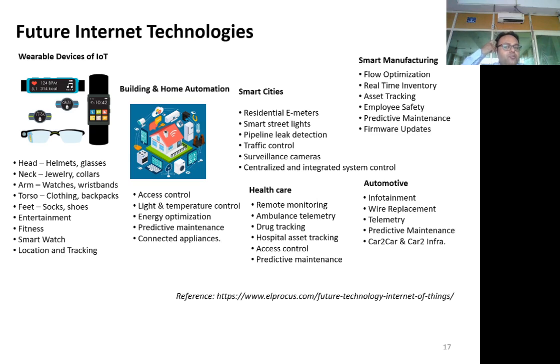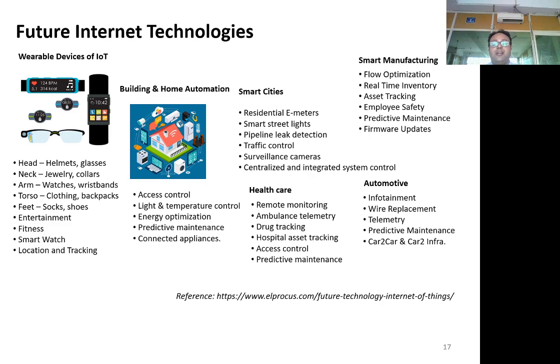Especially we are going to see the future technology of wearable devices. You can see there is a long list of wearable devices that are going to come in the future, and according to Gartner's prediction, the wearable market is going to increase. In 2016 there were 28.3 million units of IoT devices, and by 2020 there are 82.5 million.